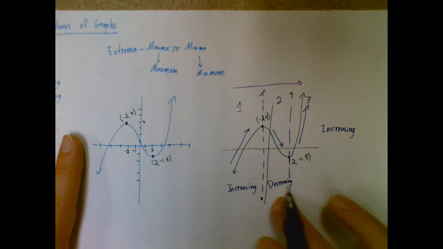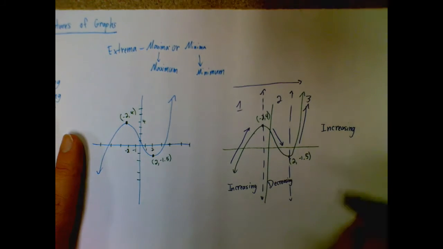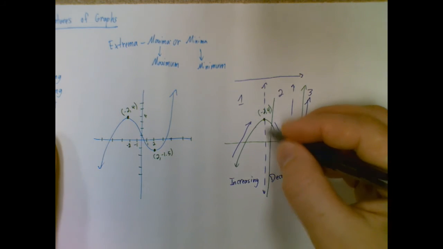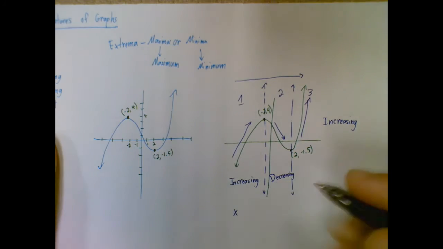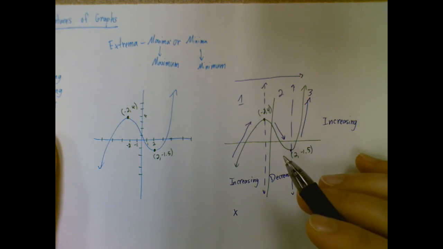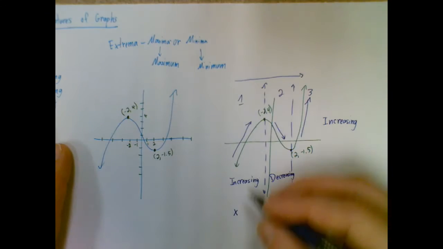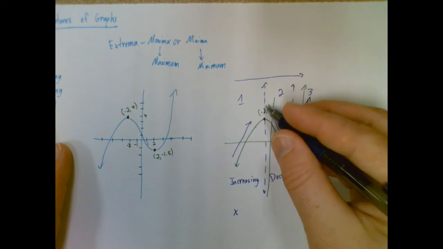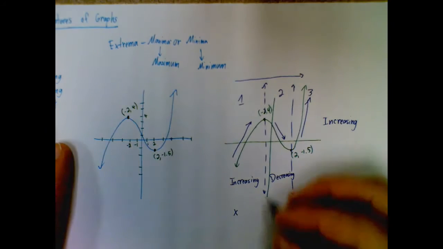Sometimes when we're doing this, though, we want a range. You do that with inequalities. I'm looking at my x value here. In terms of increasing, decreasing, or constant, we're going to pretty much always use x. It's increasing for all the values that are smaller than this line at -2.